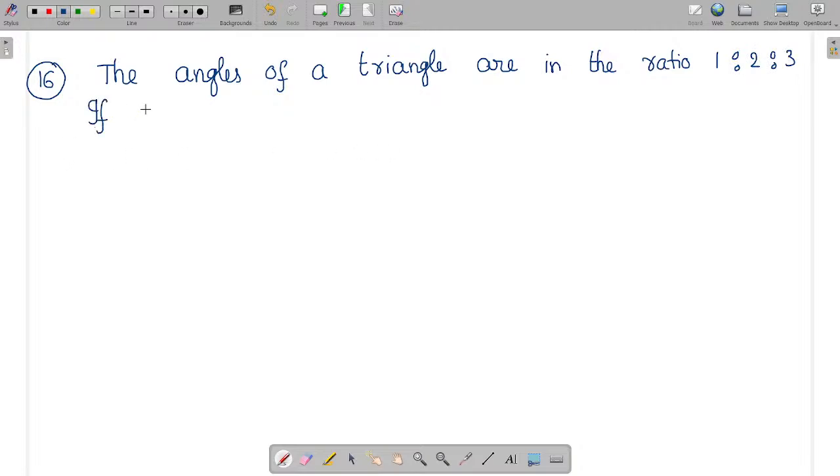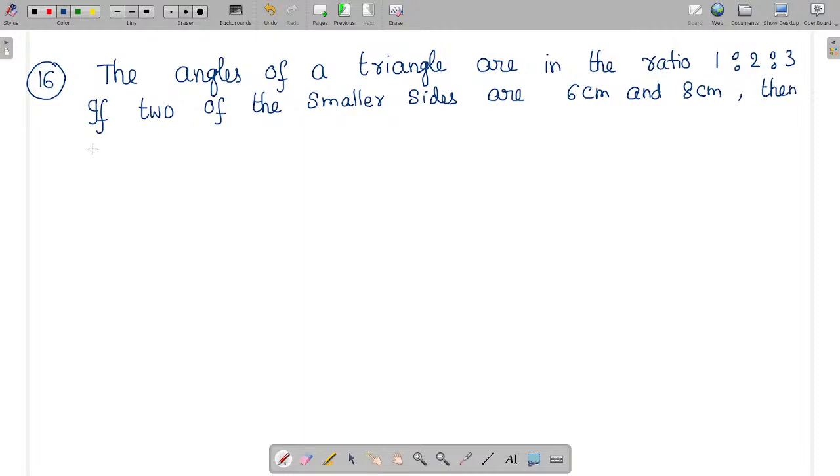If two of the smaller sides are 6 centimeters and 8 centimeters, then its perimeter is, that means the perimeter of the triangle we need to find out.